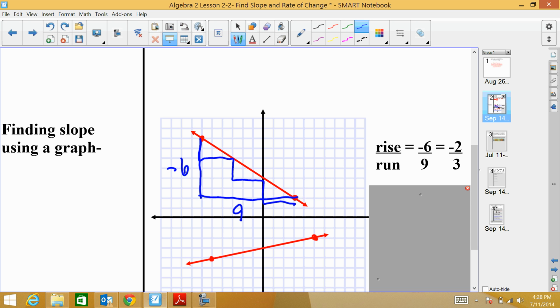This one, we go up and over, and it looks like it goes up 2 spaces and over 1, 2, 3, 4, 5, 6, 7, 8, 9, 10. So the slope of this one is 2/10, which reduces to 1/5 if I divide both of those numbers by 2. So my slope there is going to be 1/5.